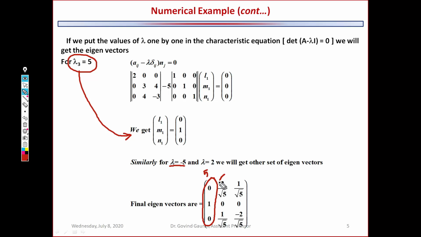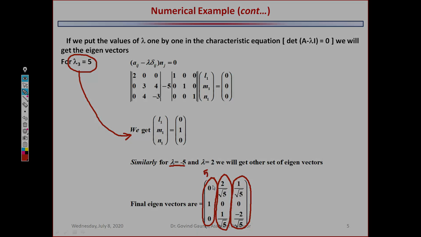We will get these sets of values, which are the eigenvectors corresponding to minus 5, and the other set of values of the eigenvectors when we keep lambda equal to 2. So what are these values? Different sets of values of L1, M1 and N1. Actually these are the direction cosines associated with these eigenvalues.